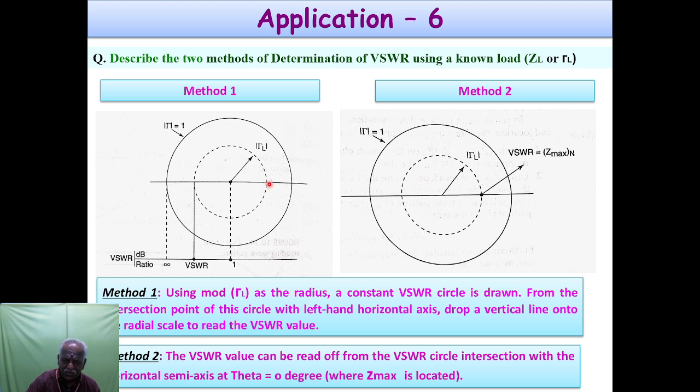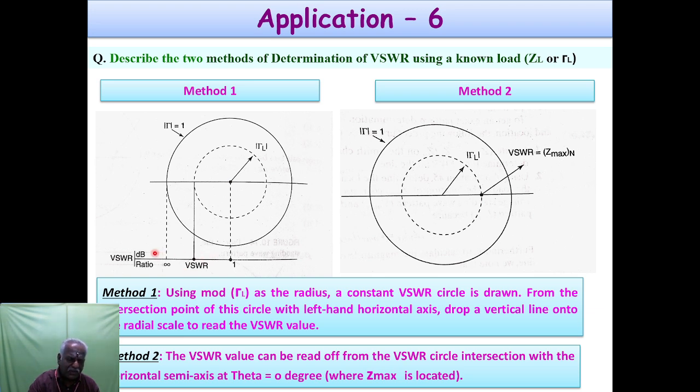This point corresponds to the magnitude of the reflection coefficient. Then draw the constant VSWR circle. From this point, if you extrapolate one line to the VSWR scale, you will read the VSWR value.